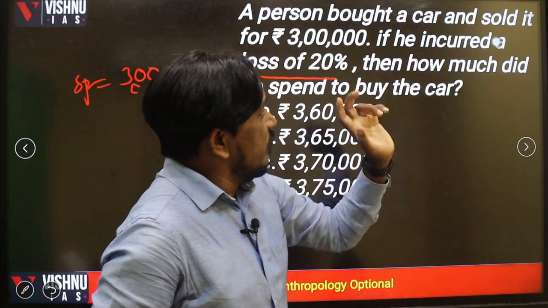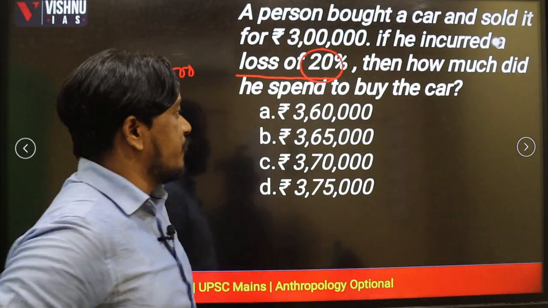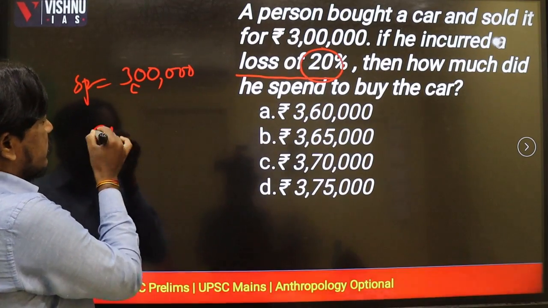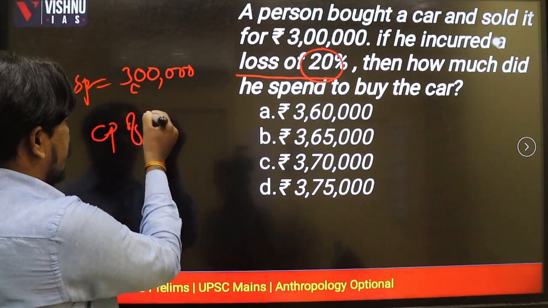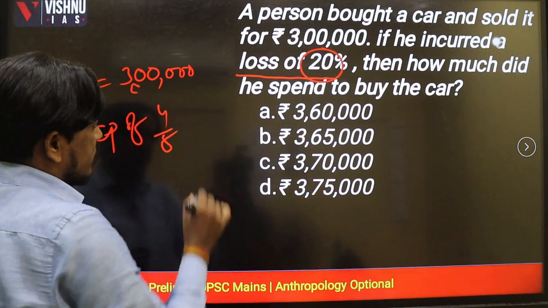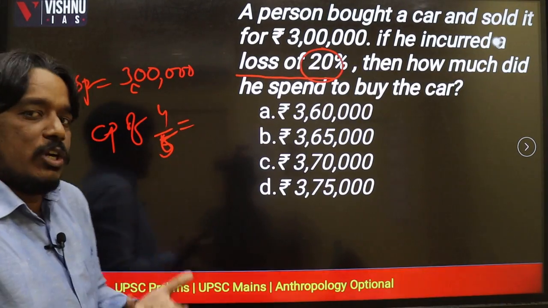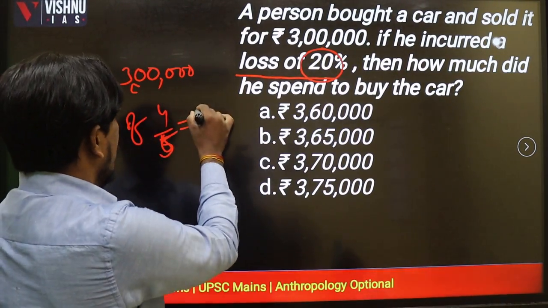Next, if he incurred a loss of 20%, in the sense we can take, so cost price of, we can solve the same question in multiple ways, but if you take a cost price of 4 by 5 times, that means 4 by 5 times means it's equal to 80%, that is the cost price of 4 by 5 is equal to 3 lakhs.